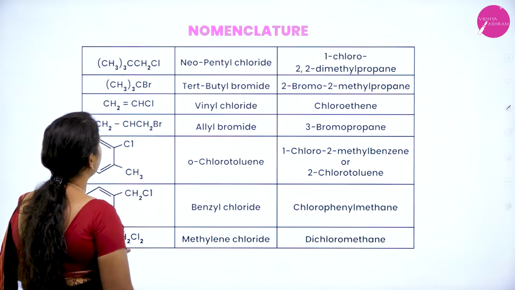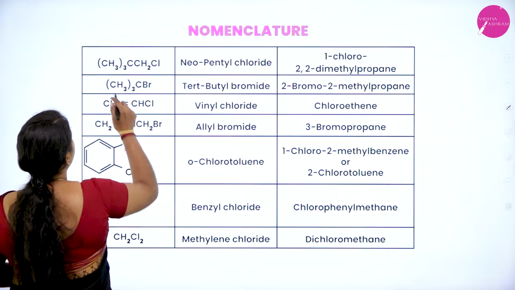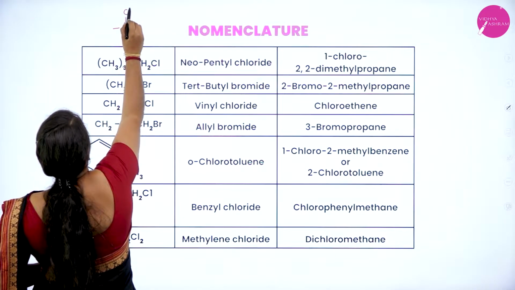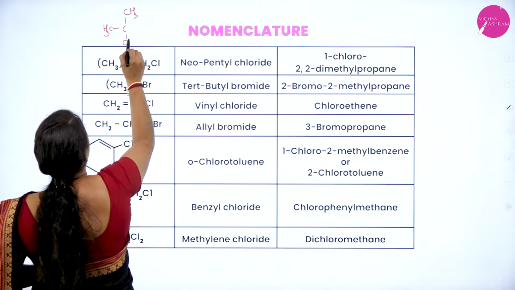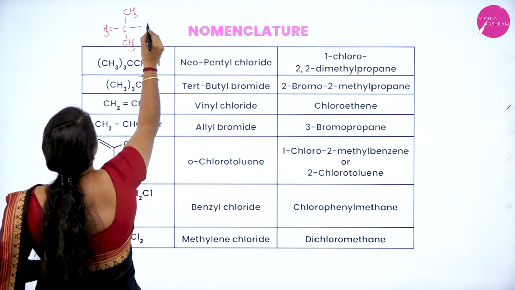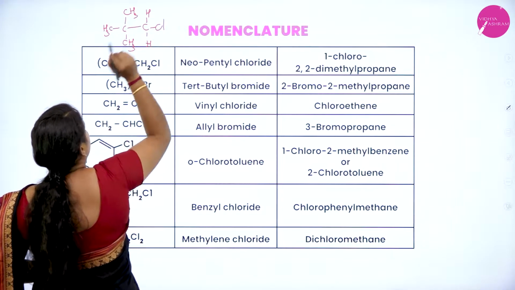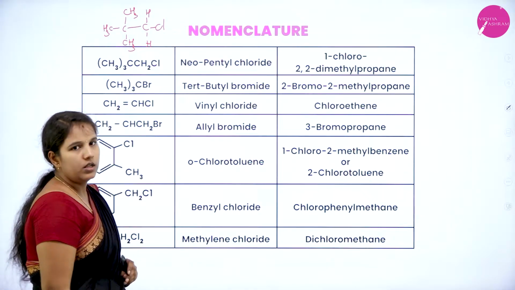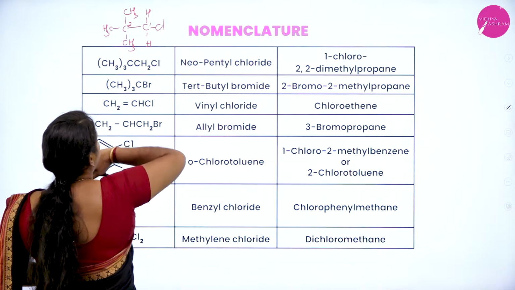CH3 thrice CH2Cl. And how to rewrite the structure? You can see that CH3, CH3, CH3 C, CH2 Cl. So you can see that this is the first carbon atom and this is the second carbon atom.